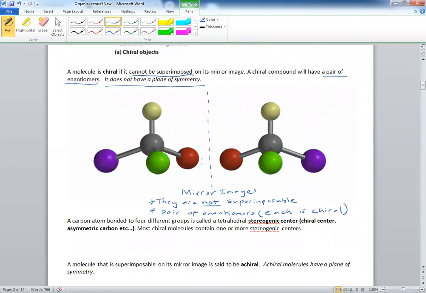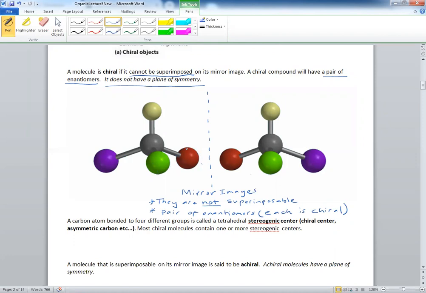So let's give an example because we need an example here. How do we begin to know whether a molecule is chiral or not, and has enantiomers? Take a look at these atoms. They are different.